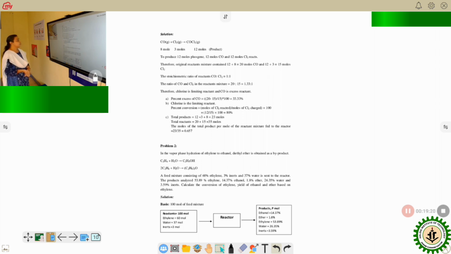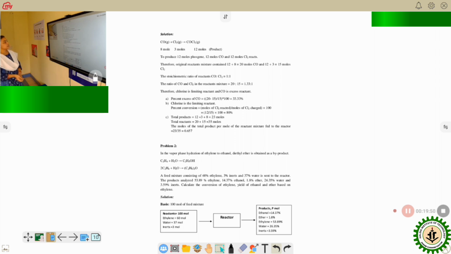Now for the third part, total moles of product is 12 plus 3 plus 8, that is 23 moles, and total moles of reactants is 20 plus 15, that is 35 moles. So moles of total product per mole of reactant mixture fed to the system is 23 divided by 35, that is 0.657.